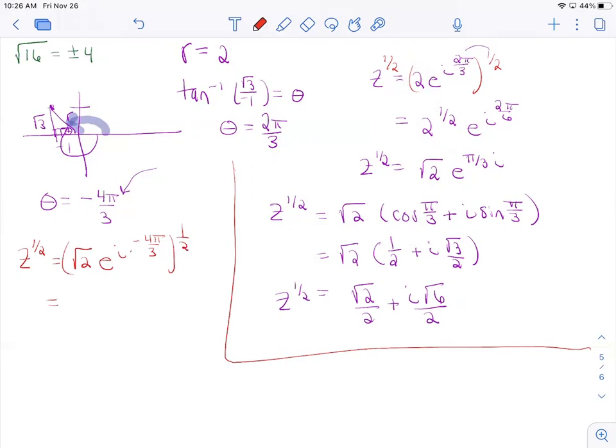Oh, sorry, my 2 is just a 2, not root 2. My r is just 2. Then I distribute that exponent and we get i. This will become negative 4 pi over 6. I'm going to rewrite that as root 2 e. Okay, well, I can reduce that, and that ends up becoming negative 2 pi over 3 when I reduce it.